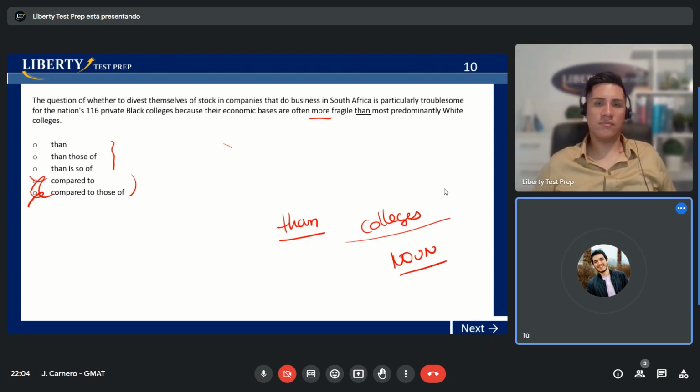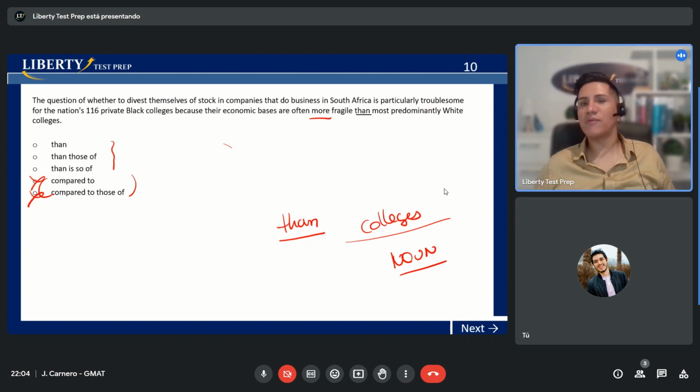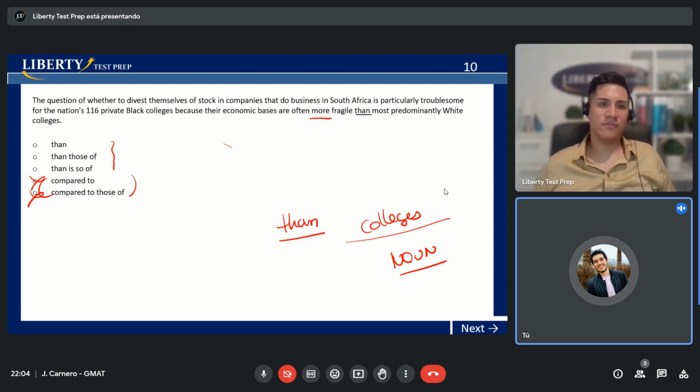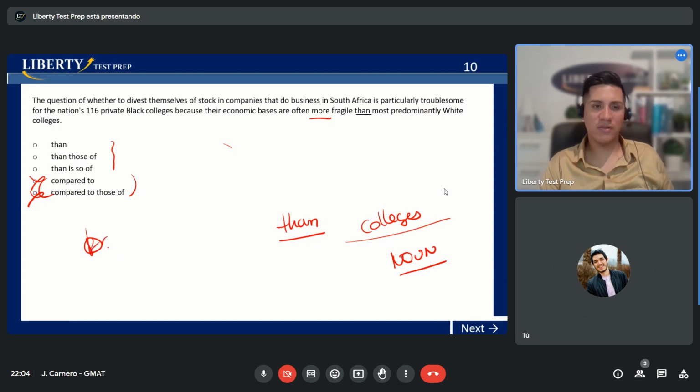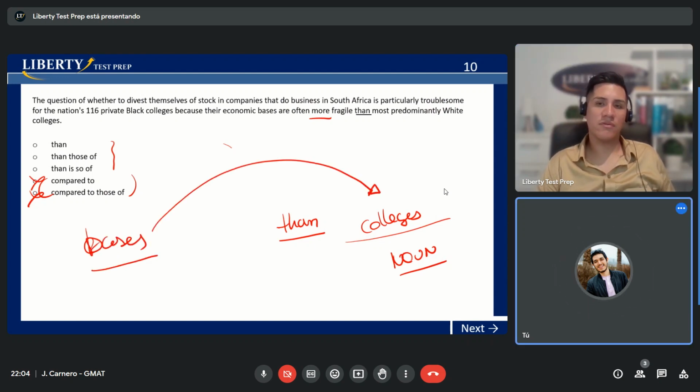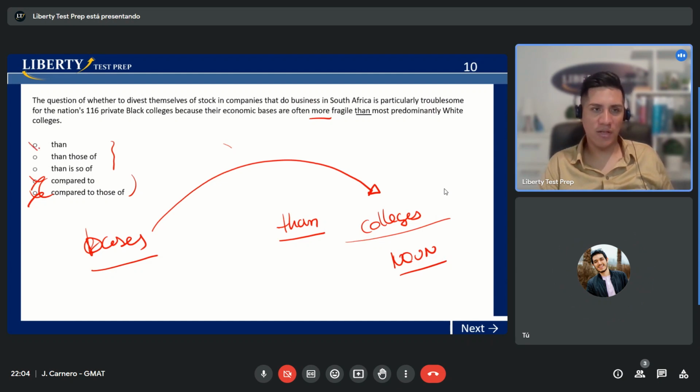And now, what do you want to compare it to on the left? To a noun, right? What noun do you have on the left? Economic basis. Does it make sense to compare economic basis to colleges? No. So A is out.